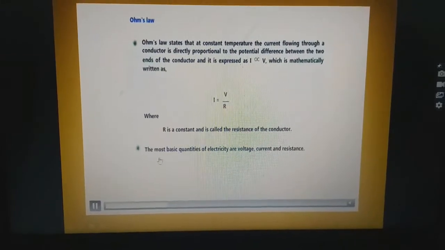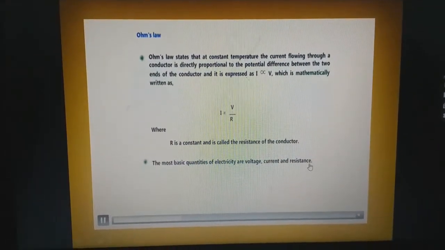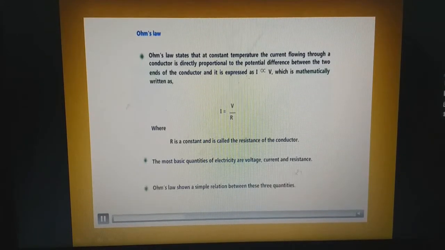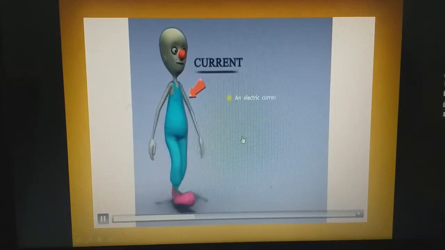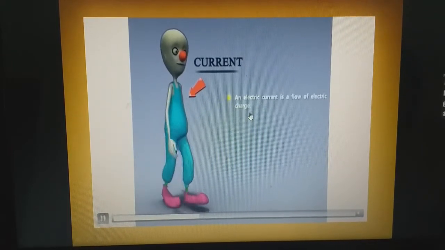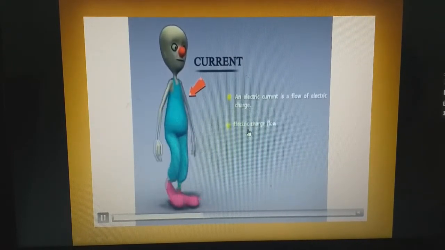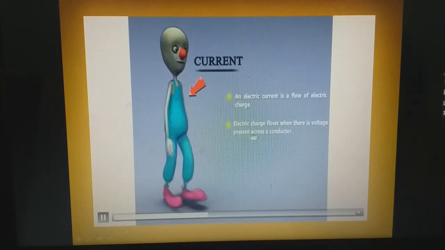The most basic quantities of electricity are voltage, current, and resistance. Ohm's law shows a simple relationship between these three quantities. An electric current is a flow of electric charge. Electric charge flows when there is voltage present across a conductor.